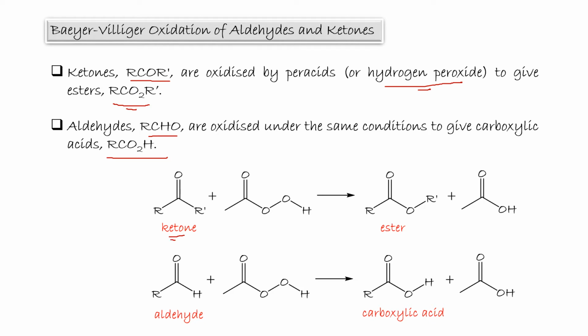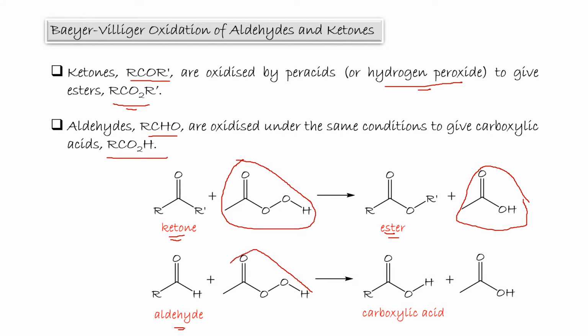So we have a ketone with peroxy acid to give an ester and a carboxylic acid. Aldehydes with peroxy acid will give a carboxylic acid, and again the peroxy acid will become a carboxylic acid.